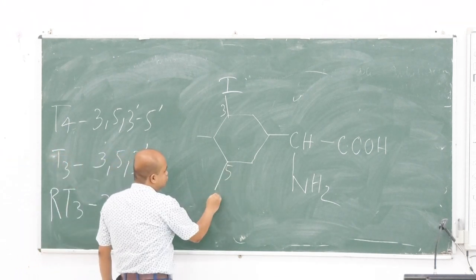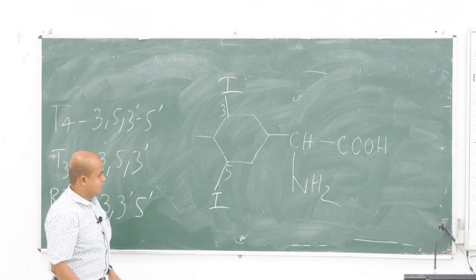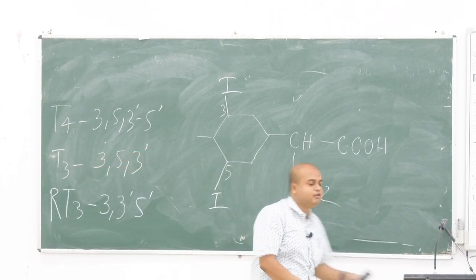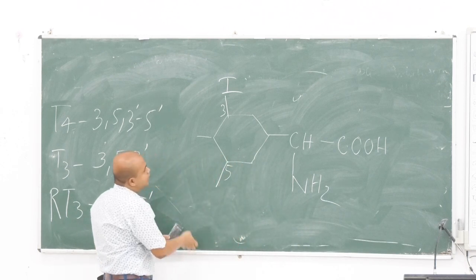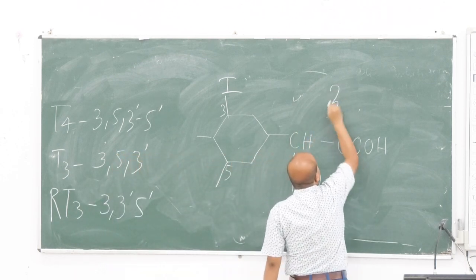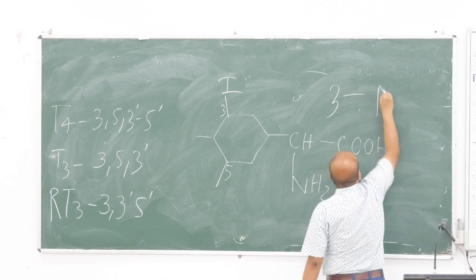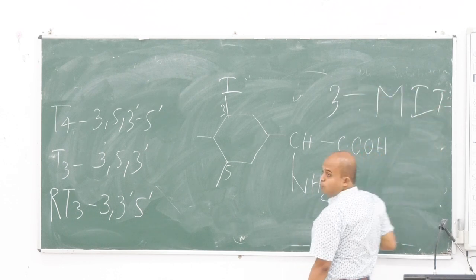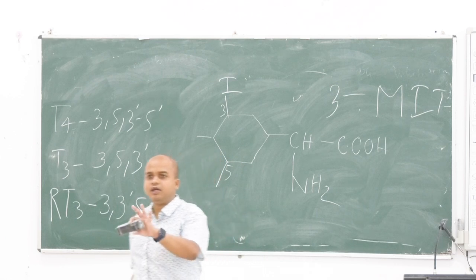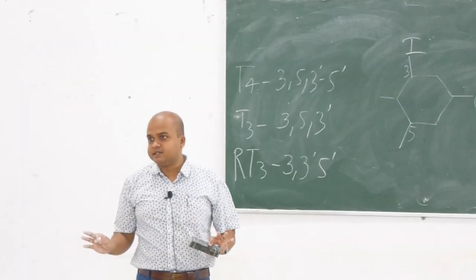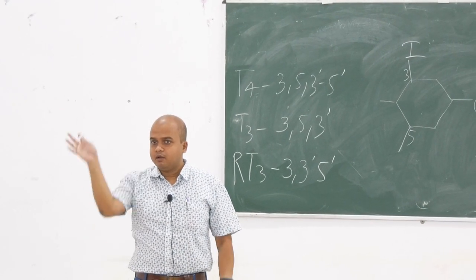Then it will be attached to the fifth. But before that, it will be attached only to 3. When it is attached only to the third position, it is monoiodotyrosine. This is pretty simple.